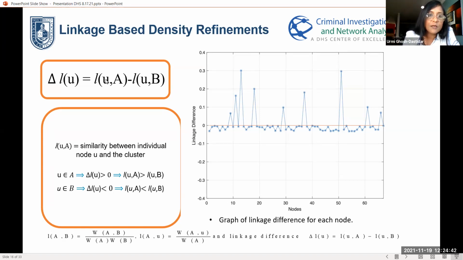If a node belongs to A, but delta LU shows a negative value, that means even though we put the node in A by the spectral clustering method, we expect the node has higher similarity with cluster B. So we take the node U, put it in cluster B, and calculate the MCAT value. If the MCAT value gets lower, then we accept the move. If the MCAT value does not get lower, then we keep the node as it is.